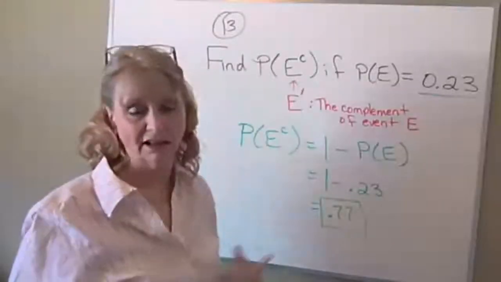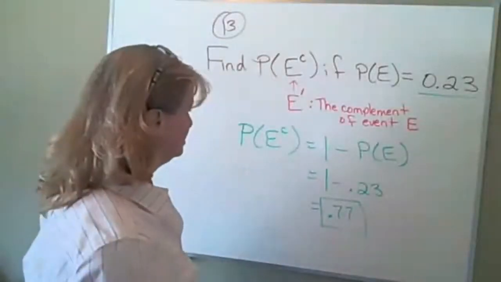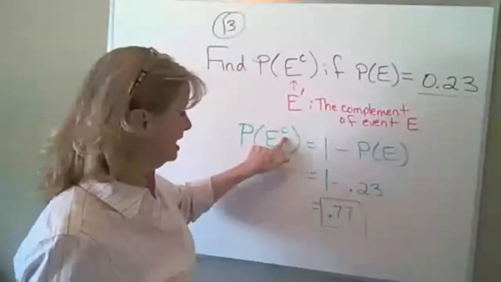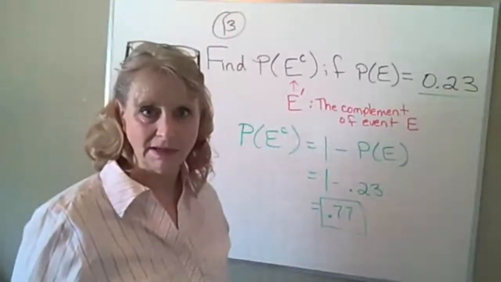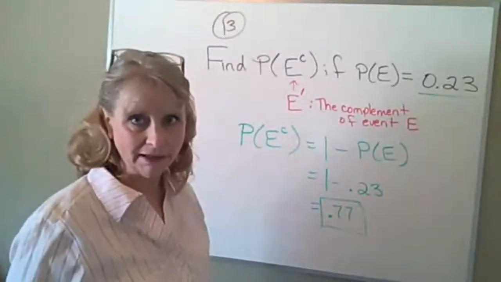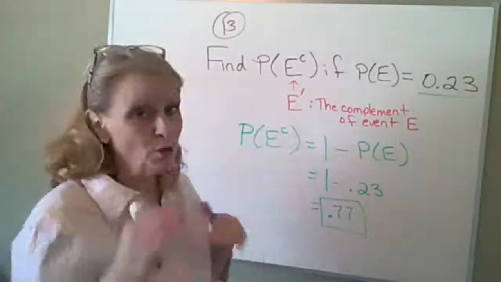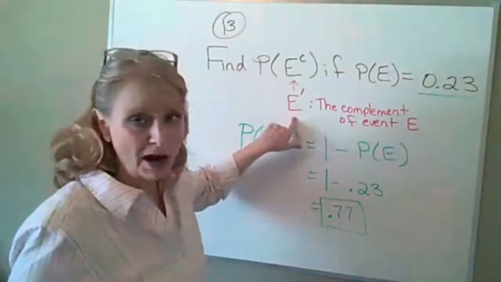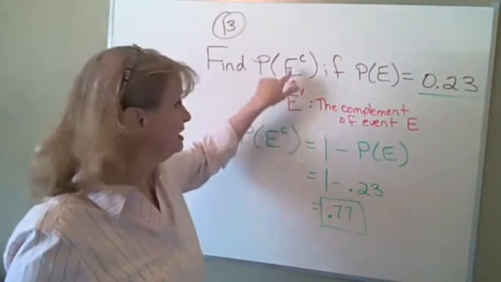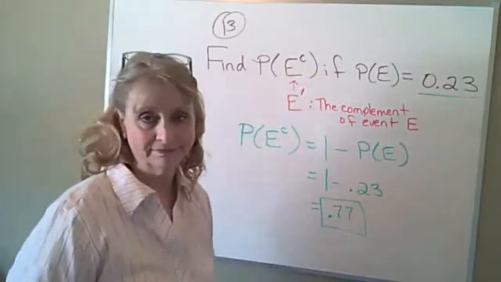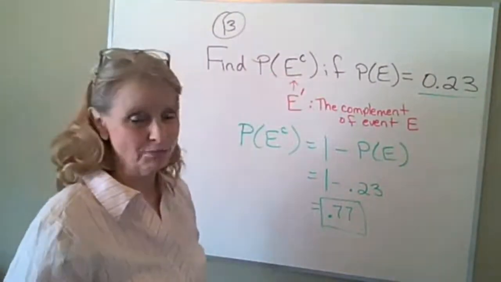Personally, I kind of like the C a little better because it doesn't look like a 1. That's supposed to be an apostrophe. Plus it reminds me of what it is, that it's complement. But the book we're actually in uses E prime instead of E C. So that's why we have to learn both.